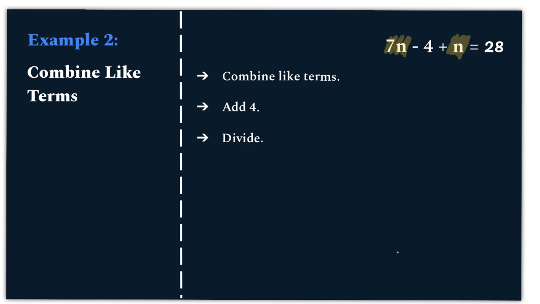We only use inverse operations when we're moving from one side of the equal sign to the other. So we have 7n plus n, which will equal 8n. Let's go ahead and write that. So 8n minus 4 equals 28.